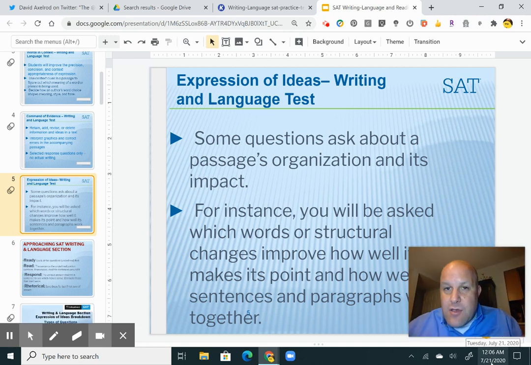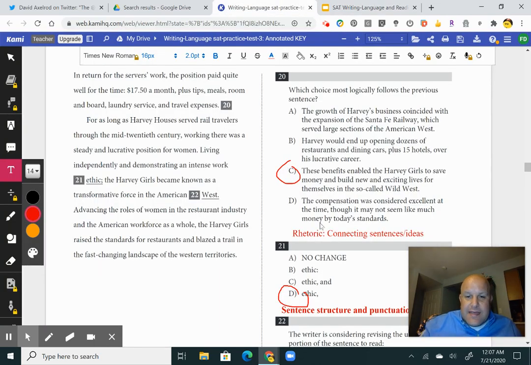You may want to skip those and come back to them. Let me show you an example of that on the test. This is an example of a connecting sentences and ideas question: which choice most logically follows the previous sentence? I'm going to go through this section. If you're a senior this coming school year, you took practice test 3 last December.